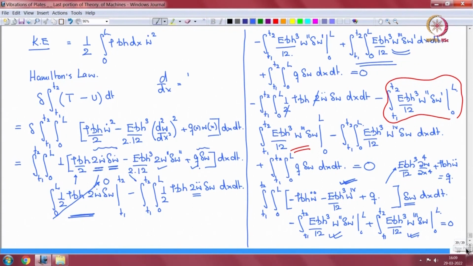And then of course I get my boundary terms. I am not dwelling so much right now on the boundary terms, we will come to it later. But we have derived the Euler Bernoulli beam equation. One other thing is that in accounting for the kinetic energy, we have ignored rotational inertia.